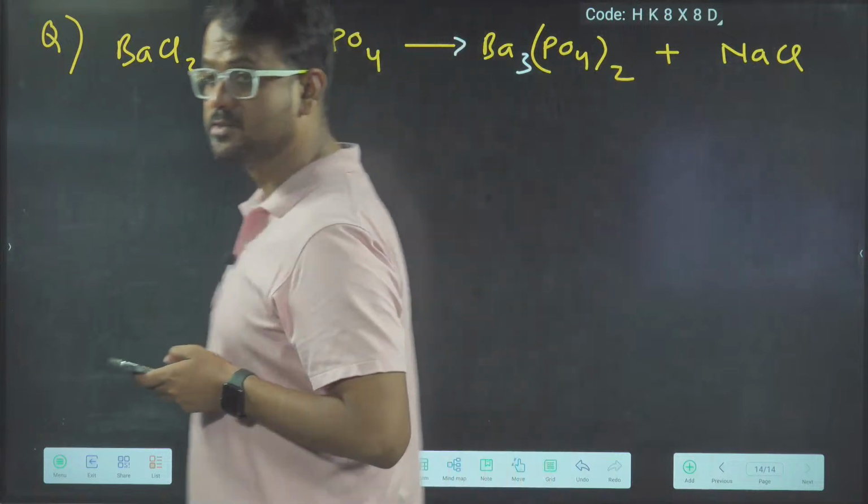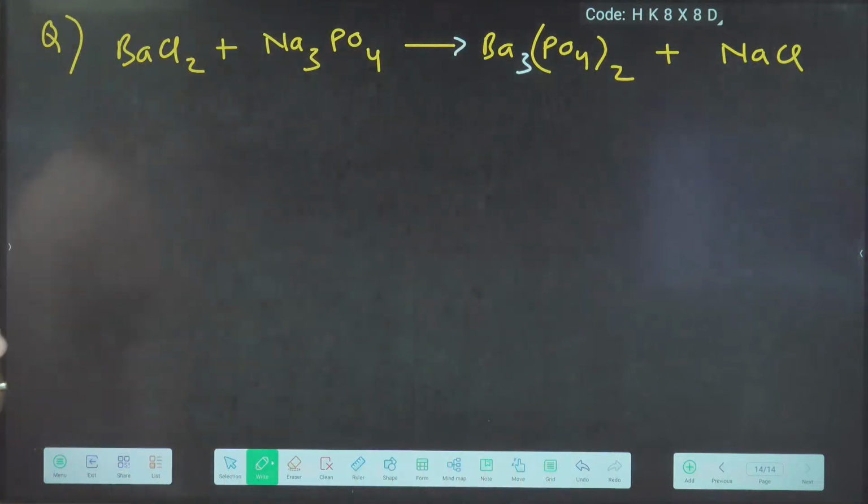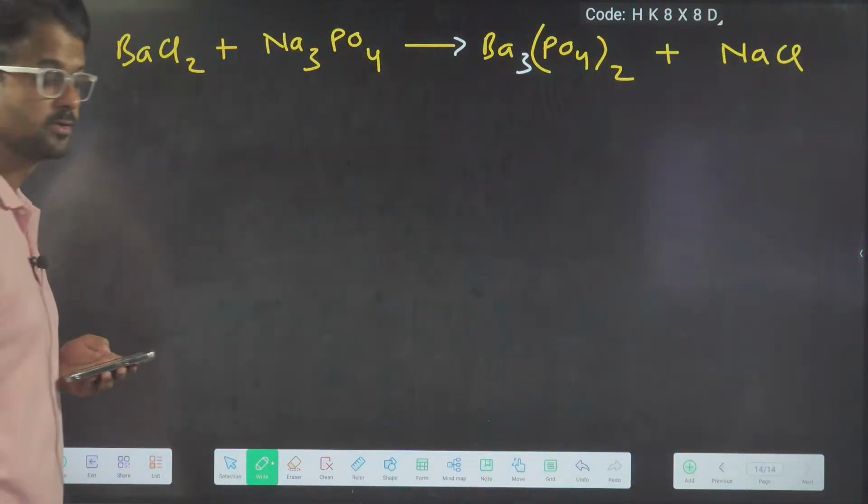The equation is not balanced. Please note this. You have to balance it first.